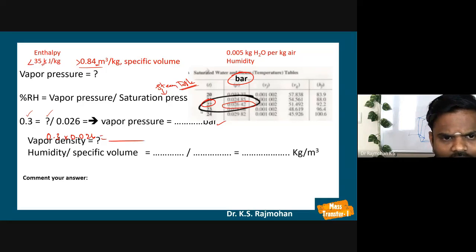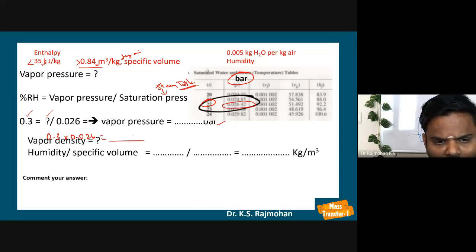So for vapor density, already we have this specific volume, meter cube per kg, right? So meter cube per kg is known. So we can determine the vapor density, and please report the value of vapor density also. This is meter cube per kg dry air. This is the volume occupied, meter cube per kg, specific volume.